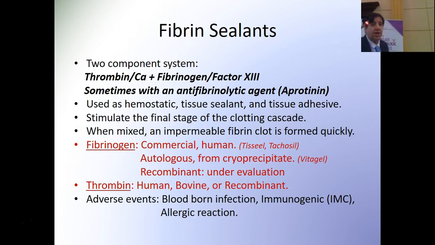The other is the fibrin sealants. The fibrin sealants are a combination of those two products. It's a combination of thrombin with fibrinogen, and in some commercial or industry products, sometimes it is mixed with an antifibrinolytic agent.